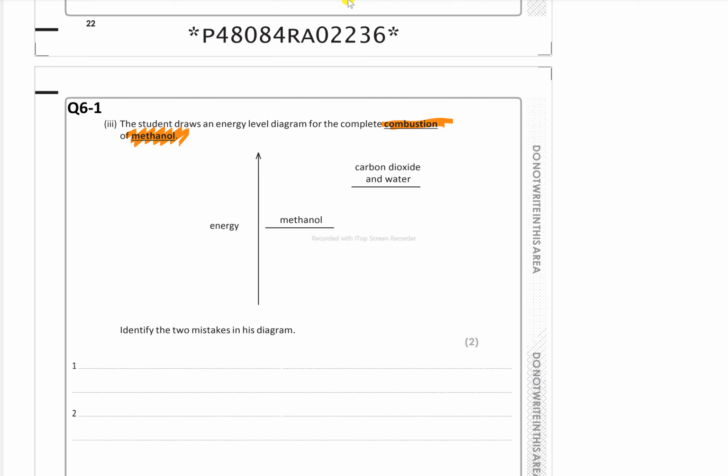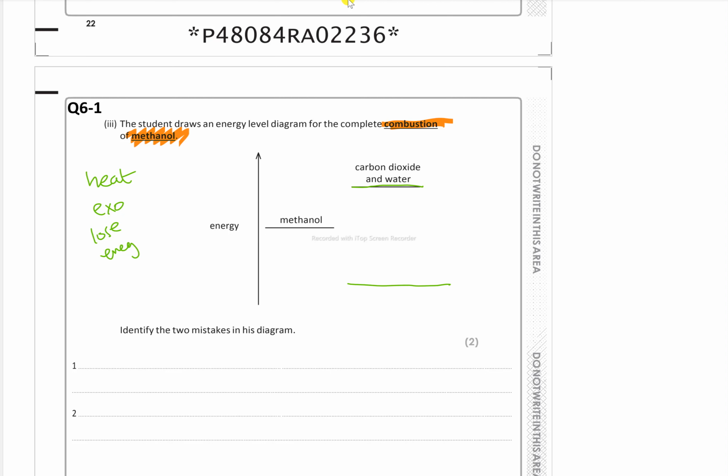Do you know when you combust methanol, you give off heat, don't you? Because you see a fire. Because you've got heat, it's going to be exothermic. It's going to lose energy. So what they're saying is this here should be down here.